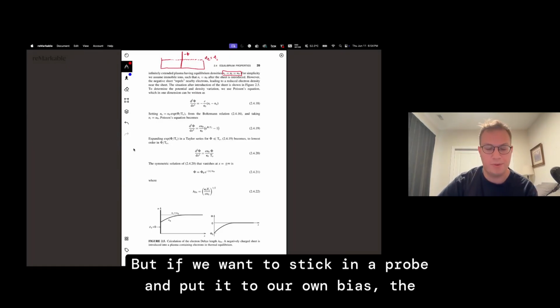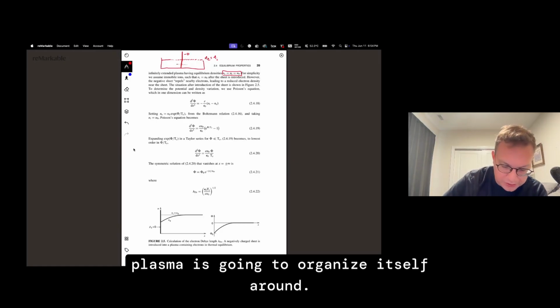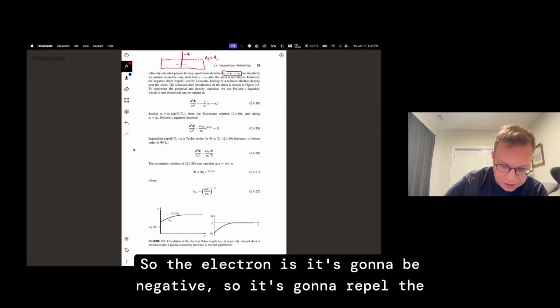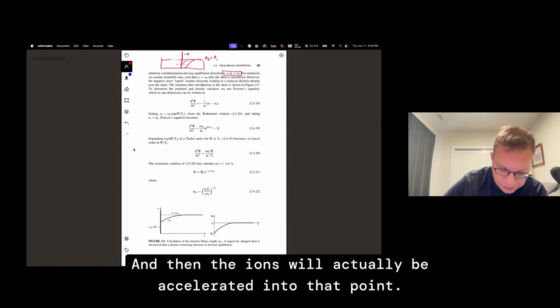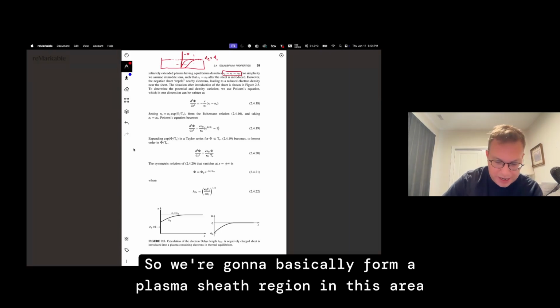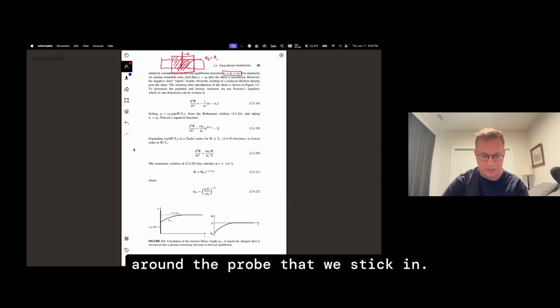If we want to stick in a probe and put it at our own bias, the plasma is going to organize itself around it. It's going to be negative, so it's going to repel the electrons. So the electron density will fall, and then the ions will actually be accelerated into that point. So we're going to basically form a plasma sheath region in this area around the probe that we stick in.